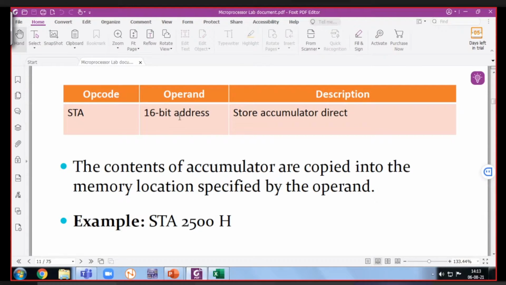STA 2500: whatever content the accumulator has will move to location 2500. Don't confuse this data and address. The accumulator can store an 8-bit value, so this value will move to location 2500, whatever is mentioned in the instruction.